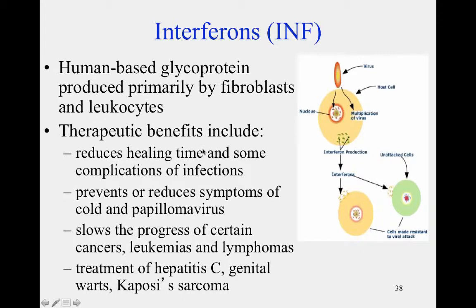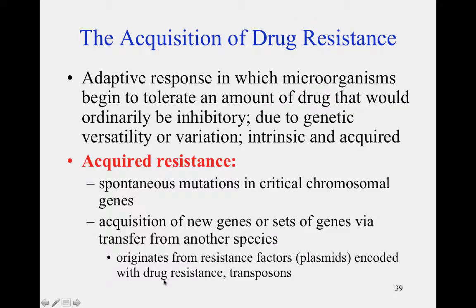Usually this will reduce healing time. It will prevent or reduce symptoms of cold and HPV infections. And also, surprisingly, interferons seem to slow the progress of certain cancers. Also, treatments of Hep C, genital warts, and Kaposi sarcoma, which is usually seen in late-stage HIV patients.